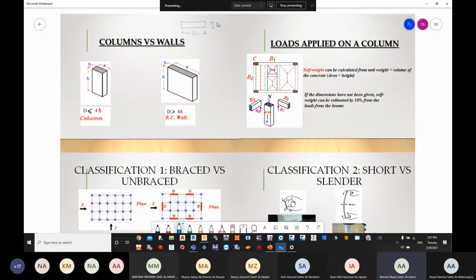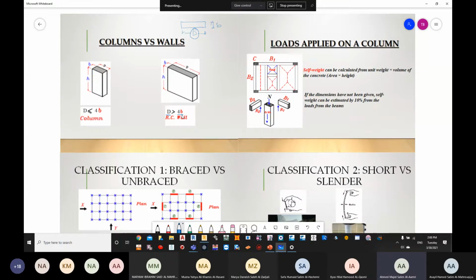Now the BS code says, if your depth is more than 4 times your width, then this element is considered as a wall.